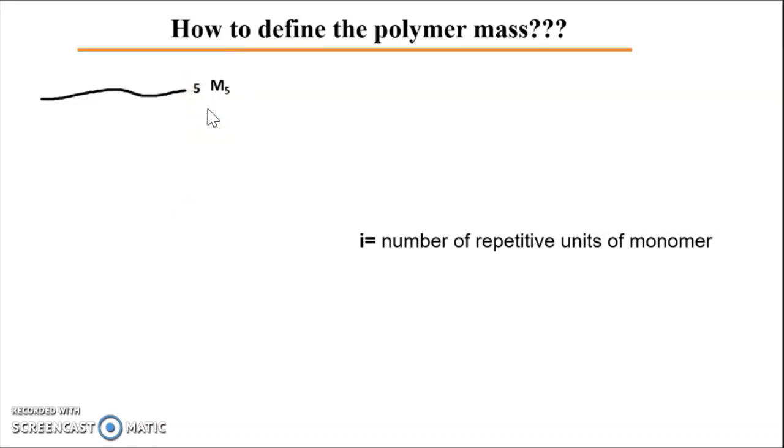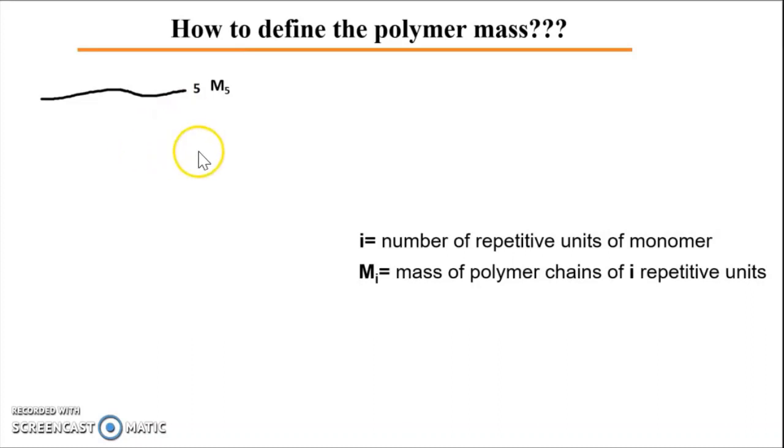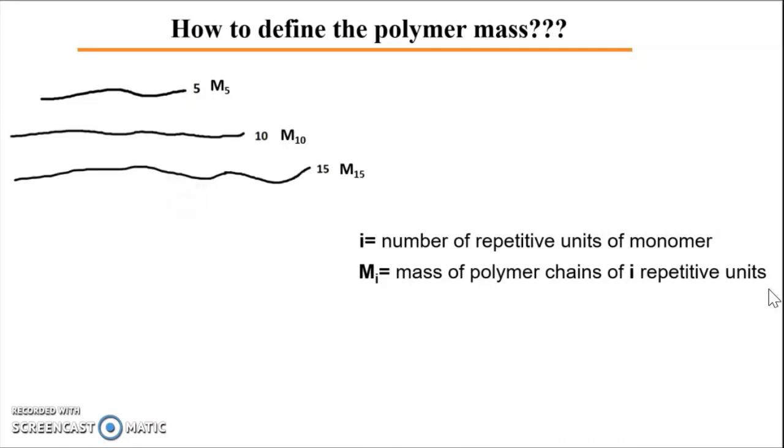I will also name it M5, according to Mi, where Mi is the mass of polymer chains having i repetitive units. In addition to M5, we can find chains with 10 repetitive units having M10 as mass, 15 repetitive units having M15 as mass, etc.